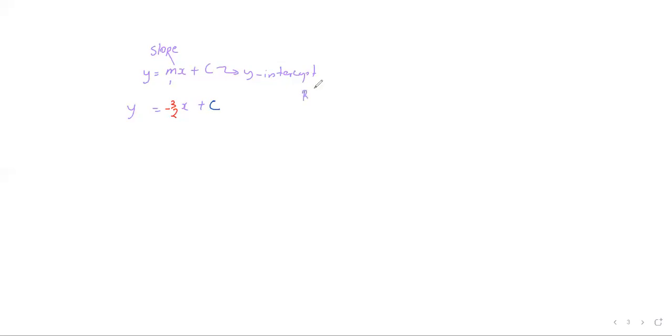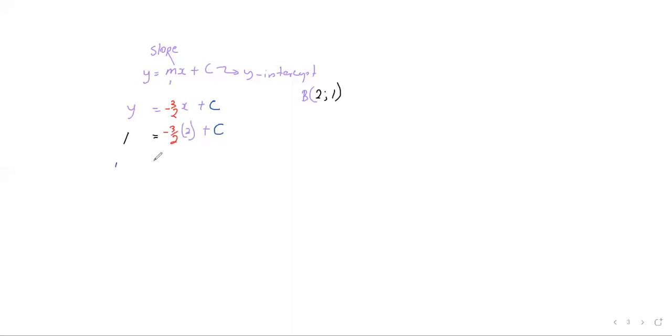The coordinates of B, x is 2, y is 1. So y is 1. And then our slope was -3/2, and then our x is 2, plus our c.